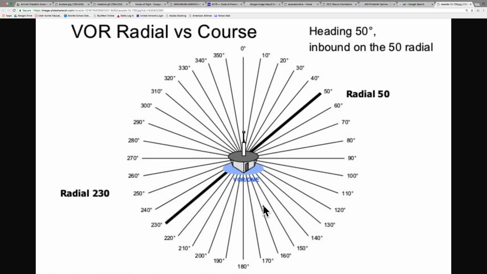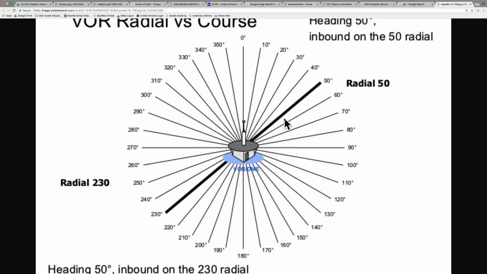So that's how pilots, up until just recently, and we still use them all the time, navigated. That was the primary way of navigating until satellite came along.